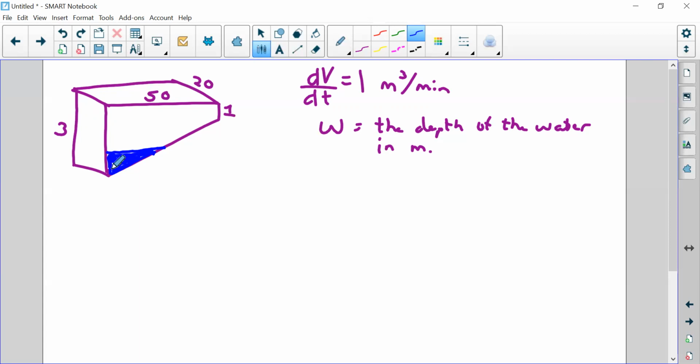So I'm going to let, this is kind of forming a triangle, and that's the height of that triangle. I'm going to call this H. Okay.